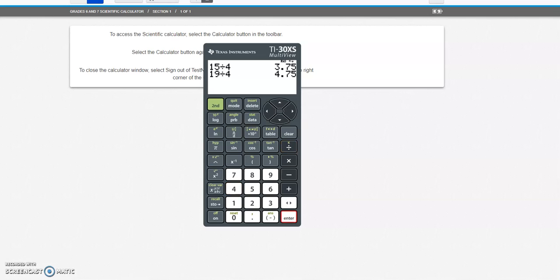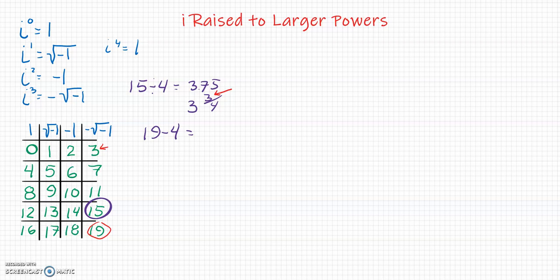Again, the remainder, the part that's behind the decimal, it said 4.75, which is the same thing as 4 and 3/4. So again, this 3 here lets us know that's the same thing as i to the third.